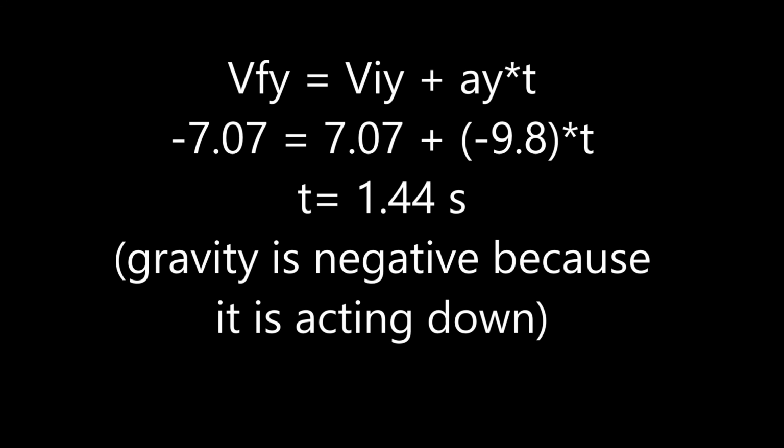And to find time, we want to use that equation of vertical motion, v final equals v initial plus acceleration times time. Plugging numbers in, we would get negative 7.07 equals 7.07 plus 9.8 times time. And then solving that, we would get that t equals 1.44 seconds.